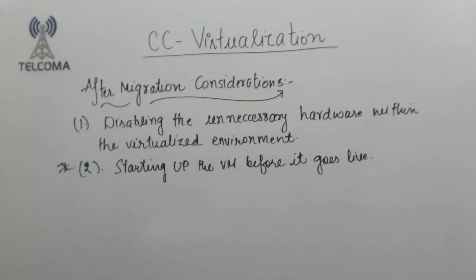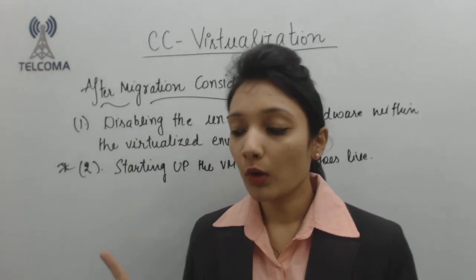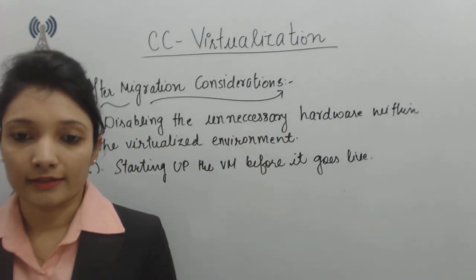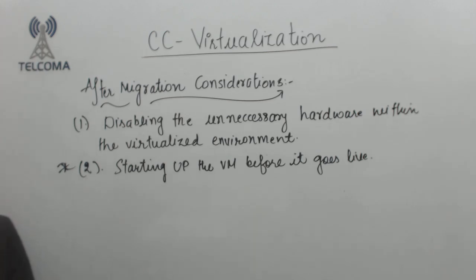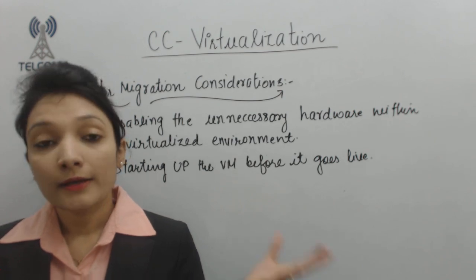What happens when starting up a virtual machine for the very first time? Its network card should be disabled or its interface should not be connected to anything. That means you should not connect it to the network. Why is this done?